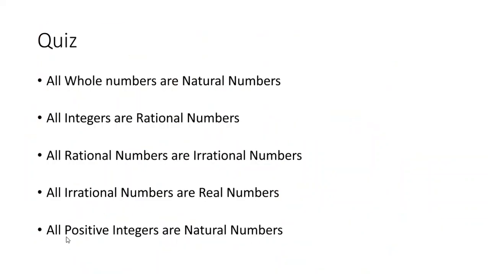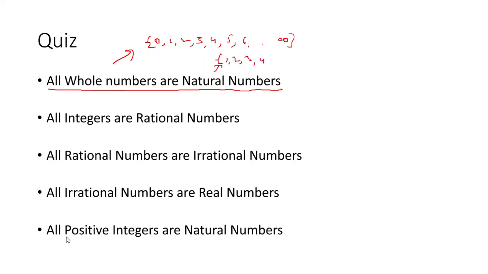So let's have a small quiz. All whole numbers are natural numbers. Are all whole numbers natural numbers? So what is the whole number set? The whole number set starts with 0 and contains all the positive numbers: 0, 1, 2, 3, 4, 5, 6. And what is the natural number set? It contains all the positive numbers.